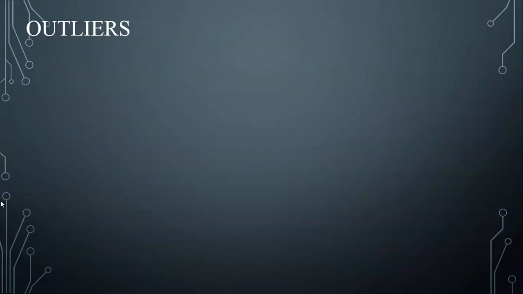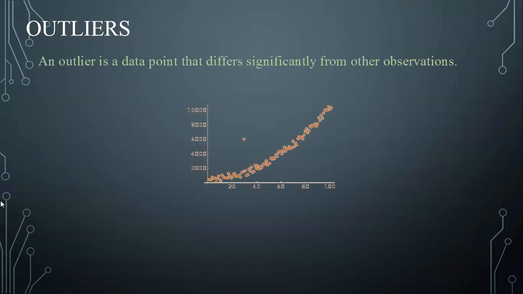And now, in addition to bias in sampling, we could have outliers that could eventually affect the interpretation of our survey results or our data collection results. Now, an outlier is a data point that differs significantly from other observations, as you can see in the chart that we have here.